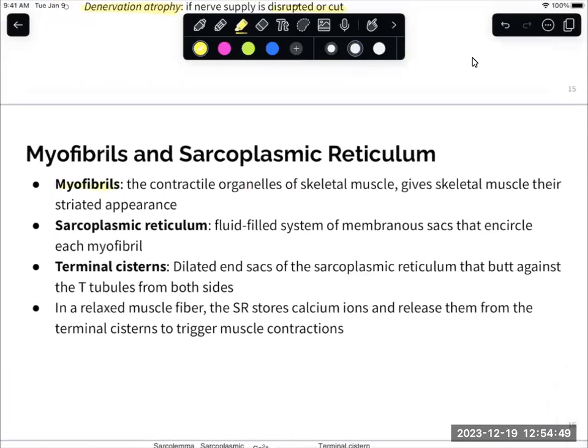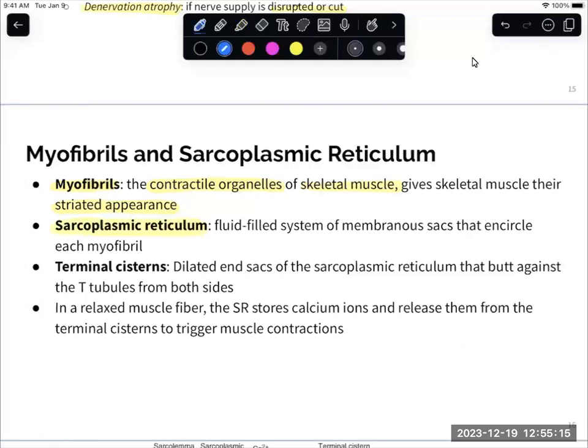So those myofibrils, as I mentioned, we have tens, hundreds, thousands of them inside of our muscle cells. These are what actually contract in skeletal muscle. These myofibrils give muscles that striated appearance. We have a sarcoplasmic reticulum.